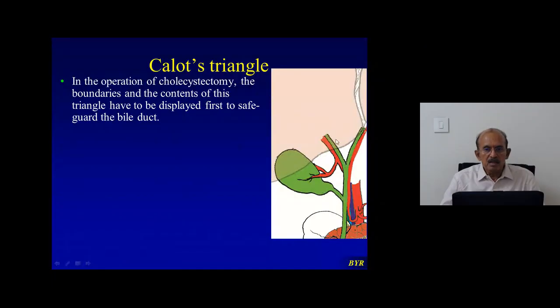If you can make out these boundaries clearly, and dissect the space in between these three boundaries, then you can demonstrate the cystic artery, the lymph node, and the cystic duct clearly. The surgery of cholecystectomy is very simple. If you can identify these structures, put a ligature here and cut it, ligature here and cut it, separate the gallbladder from the undersurface of the liver, the surgery is over. Only three steps.